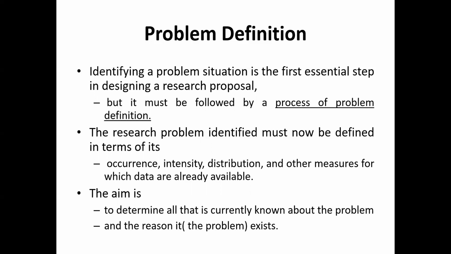When you're writing your statement of the problem, you're defining your problem in terms of its occurrence, its intensity, its distribution, and other measures for which data are already available. The aim is to determine what is currently known about the problem and the reason why the problem exists.